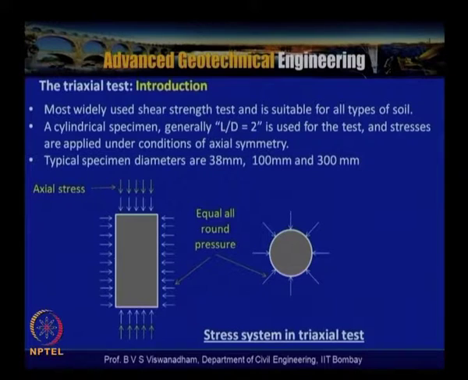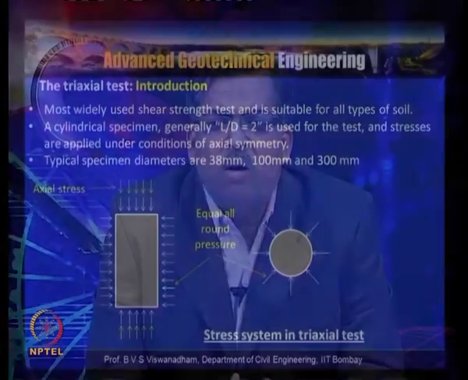The typical specimen diameters for triaxial shear tests are 38 mm, 100 mm and 300 mm. 38 mm is generally used for small samples, 38 mm diameter and 76 mm height, or there is also one more intermediate size, 75 mm diameter and 150 mm height, or 100 mm diameter and 200 mm height, or 300 mm diameter and 600 mm height.